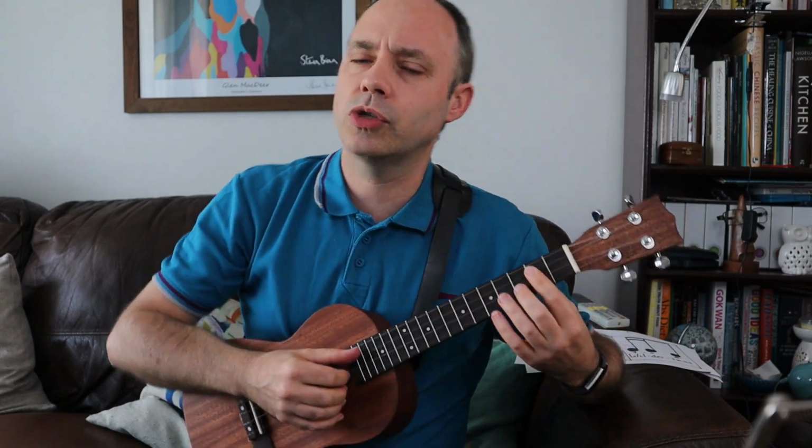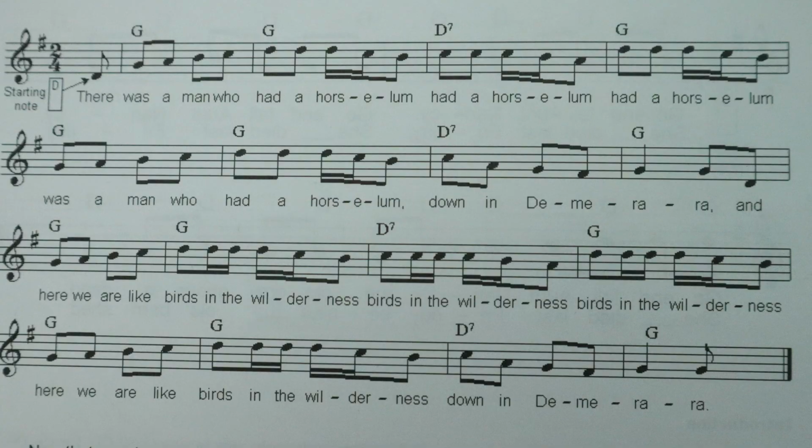That's our first note, and it's going to go like this. There's a strong feeling of two in the bar for this. I'll take it slow to start with; the full version goes quite quick.